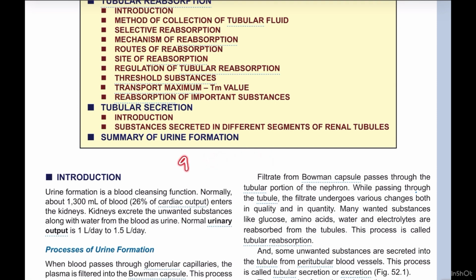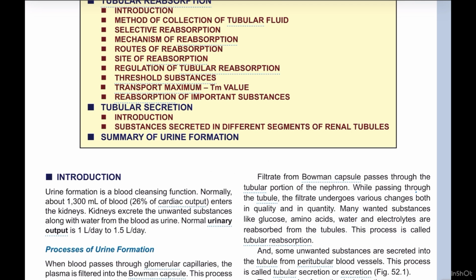Among that, 99% of the glomerular filtrate is reabsorbed and 1% is eliminated as urine. That means only 1 to 1.5 liters of urine is formed per day.